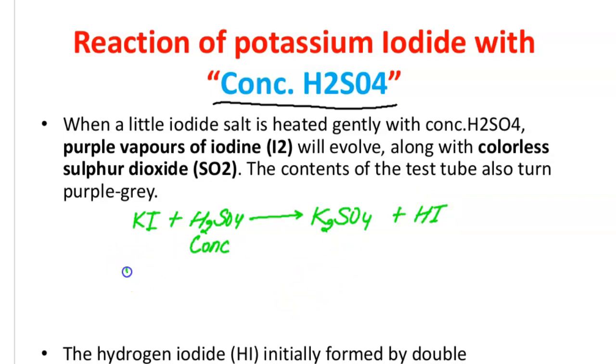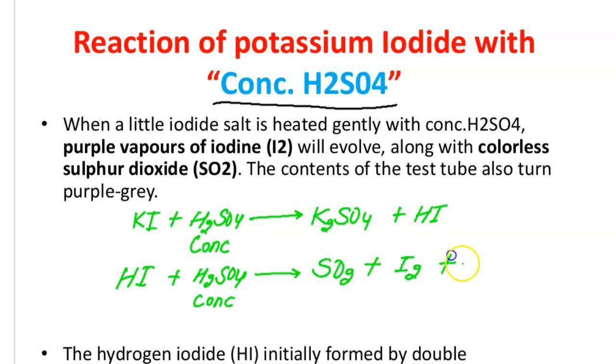Now this HI further reacts with conc H2SO4 because we are taking conc H2SO4 in excess here, to give SO2 plus I2 plus H2O. So H2O is produced along with SO2 and I2.